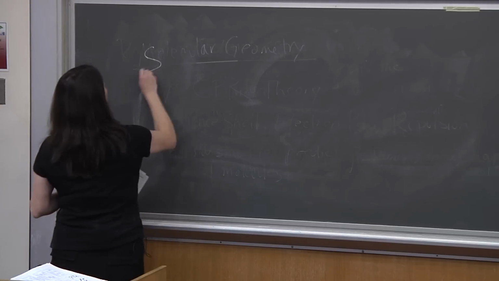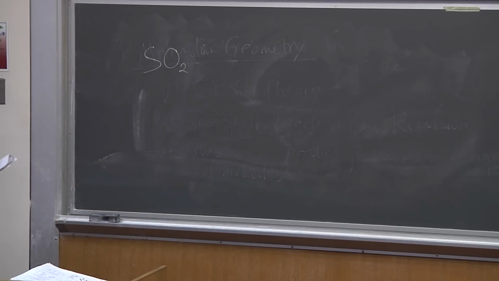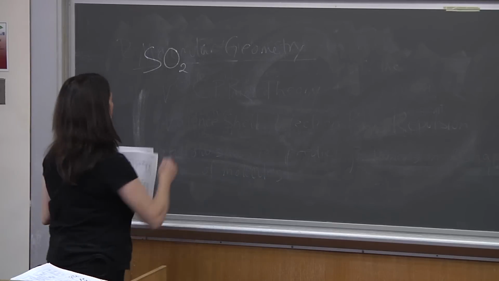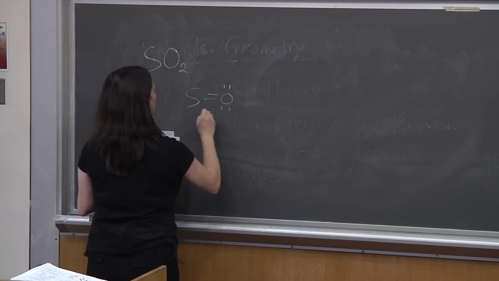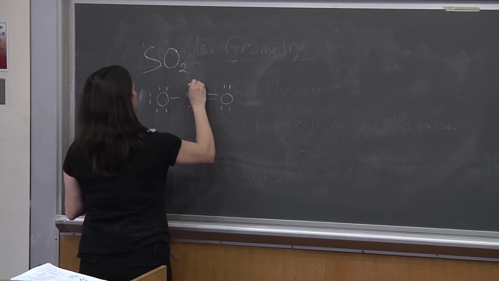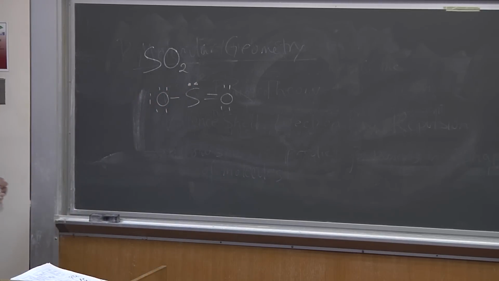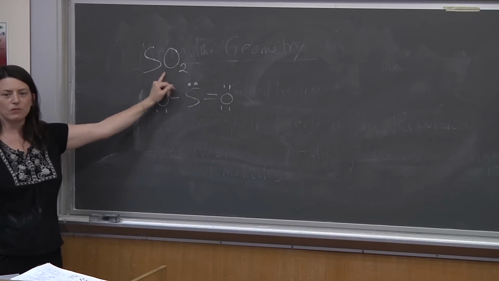I'm going to do this one next. Okay, sulfur dioxide. What's the total number of valence electrons for one S and 2 O's?